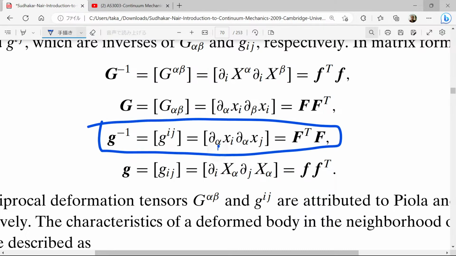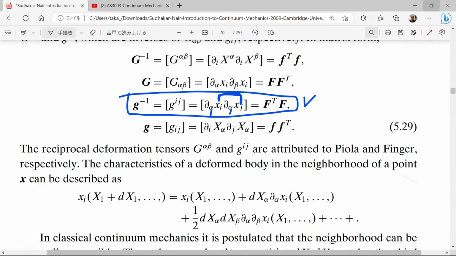So you go alpha alpha. This is summation. But then this part is the ij component of this matrix. Anyway, so we have this.